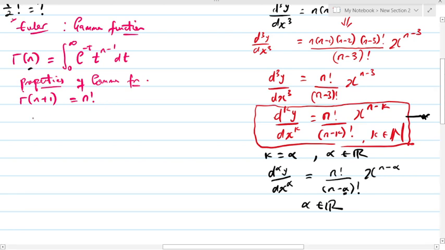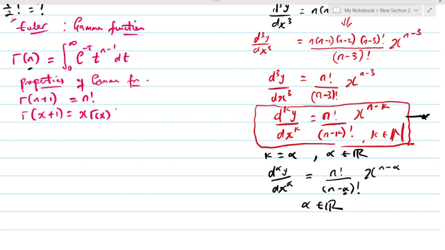And then property 2: gamma of x plus 1 is equal to x gamma x, where n is an integer, but this x is now a real number and can be a fraction. And gamma of half is derived as root pi. So take note of these properties.